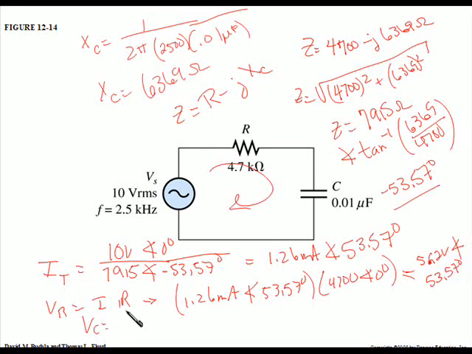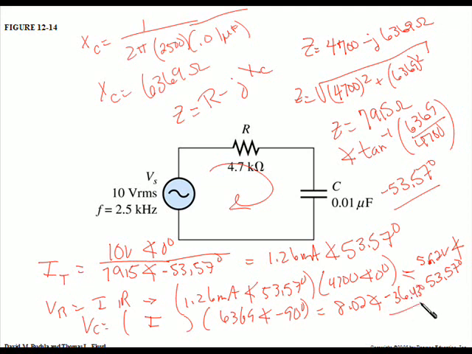VC is going to be the current times XC, and XC is 6369 at minus 90. So I take 1.26 milliamps, multiply that by 6369 to get 8.02 volts, and the angle is going to be 53.57 minus 90, so you get a negative angle, minus 36.43 degrees.